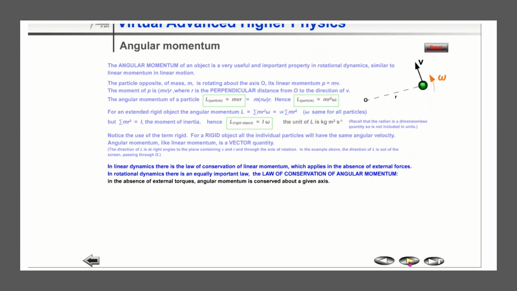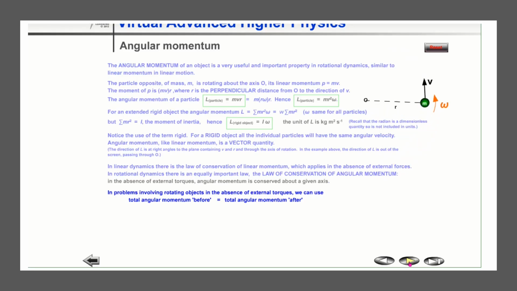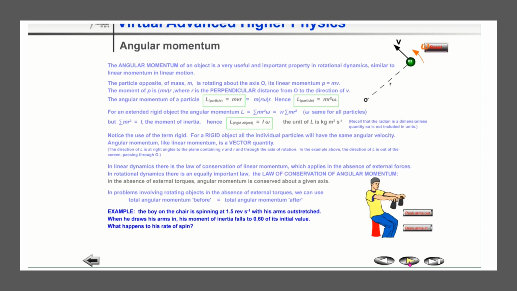There's an equally important law, the law of conservation of angular momentum: in the absence of external torques, angular momentum is conserved about a given axis. In problems involving rotating objects in the absence of external torques, we can use total angular momentum before is equal to total angular momentum after.